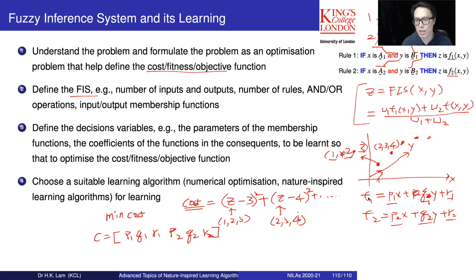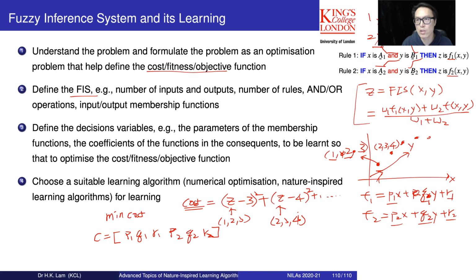Right here, we just assume that the polynomial coefficients are unknown. But actually, we can extend that to W1 and W2. W1 and W2 are the shape of the membership function.